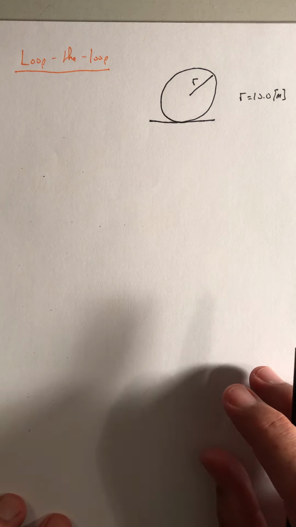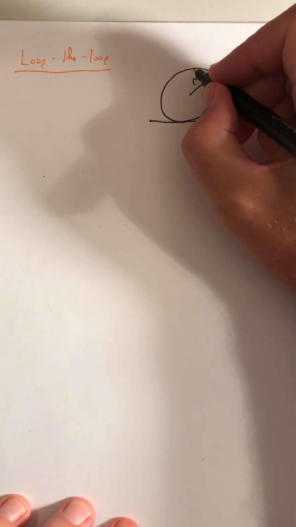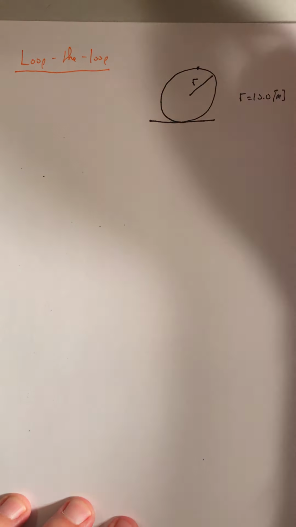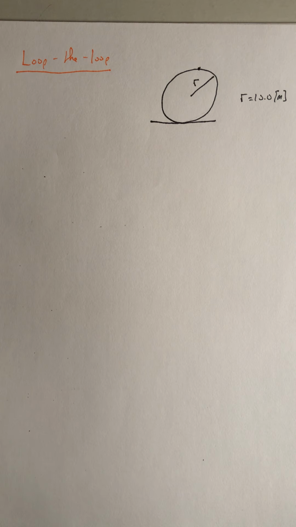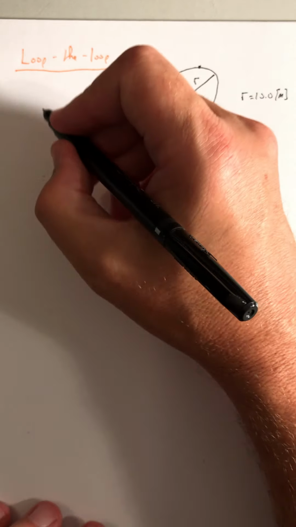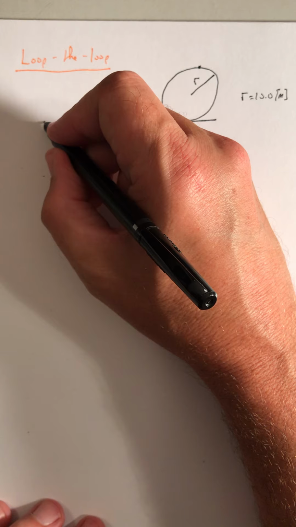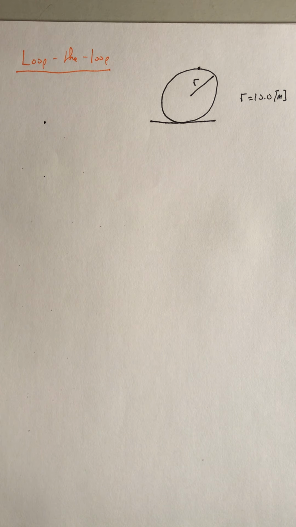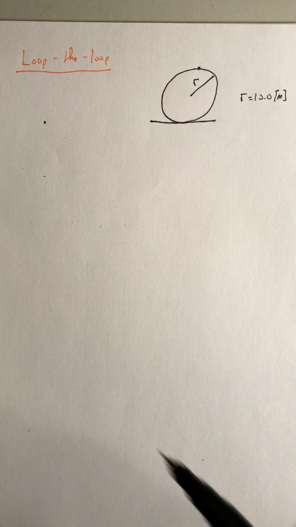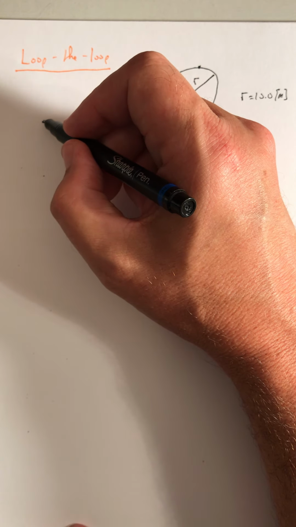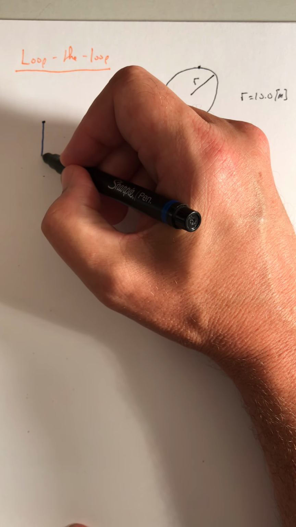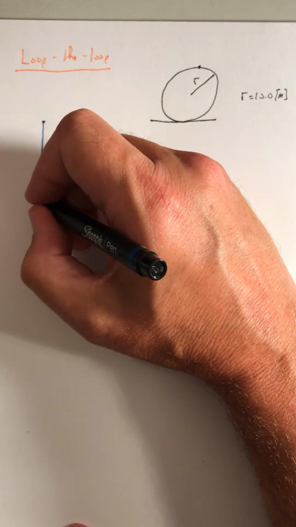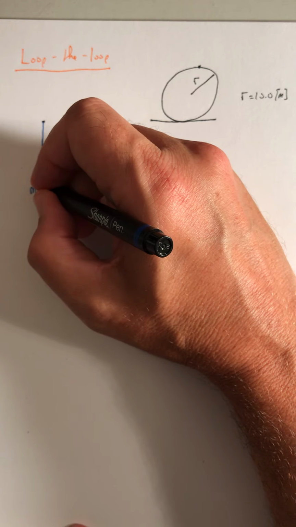So let's talk about the free body diagram. The roller coaster car is just right there. So here's my really advanced drawing of a roller coaster. Forces acting on that. It's going to have a weight, mg.